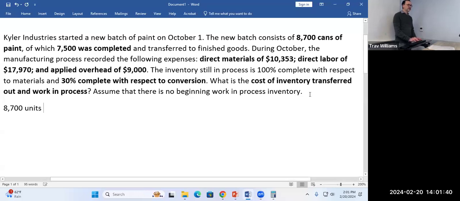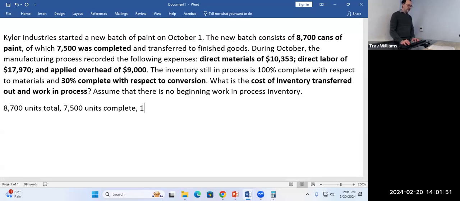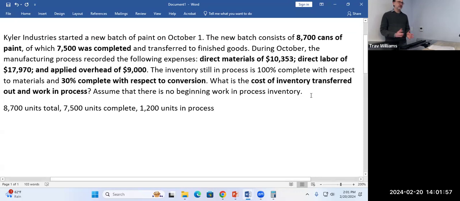Total. We know we have 7,500 units complete, and we know we have 1,200 units in process, right? Okay, so I'll just put that there for reference. Well, we have the direct material cost. That's pretty simple.